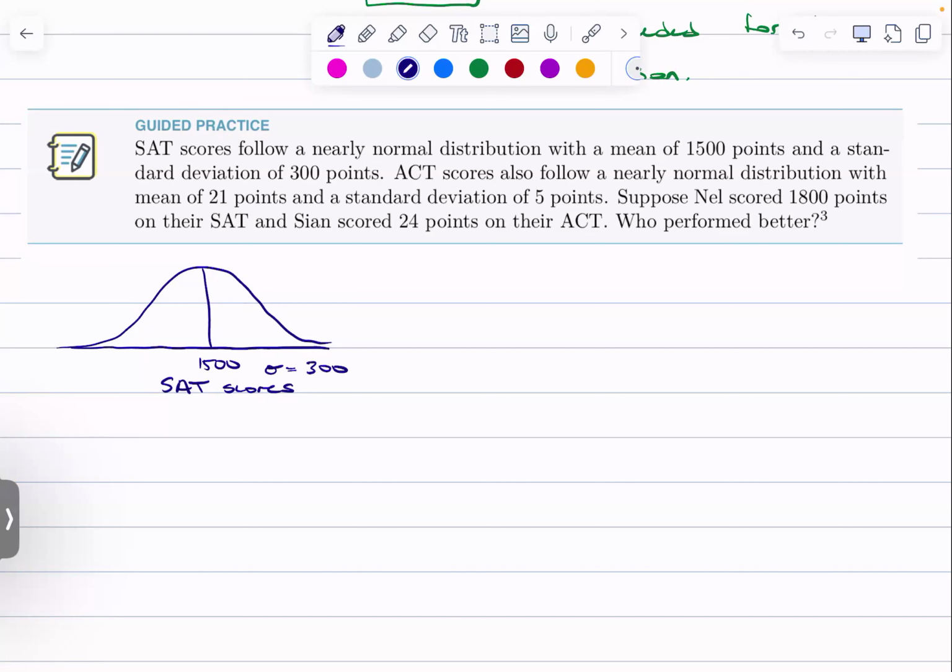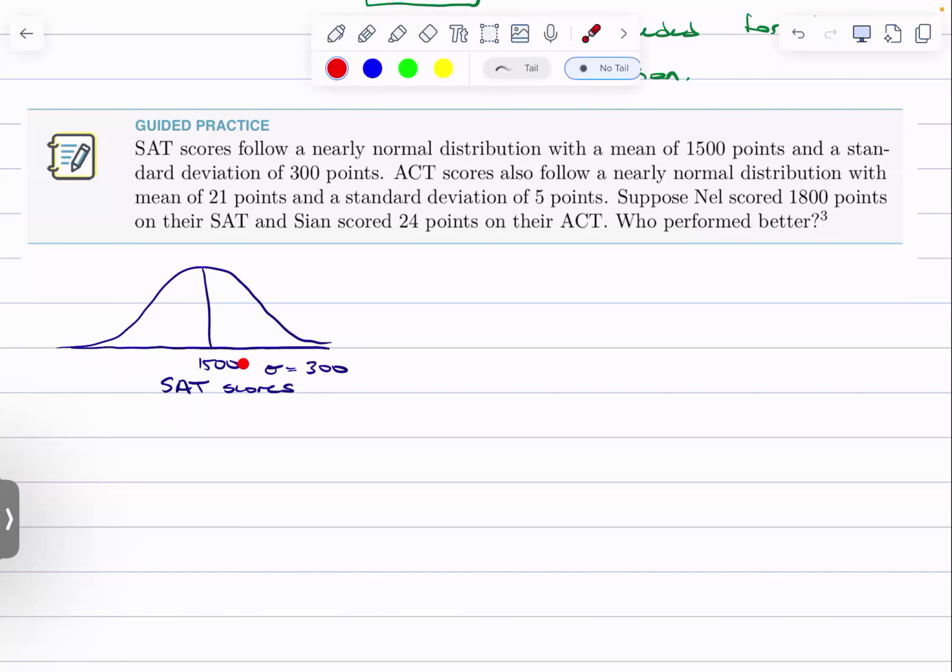I don't spend any time drawing out the width or anything like that. We're just looking at this distribution.